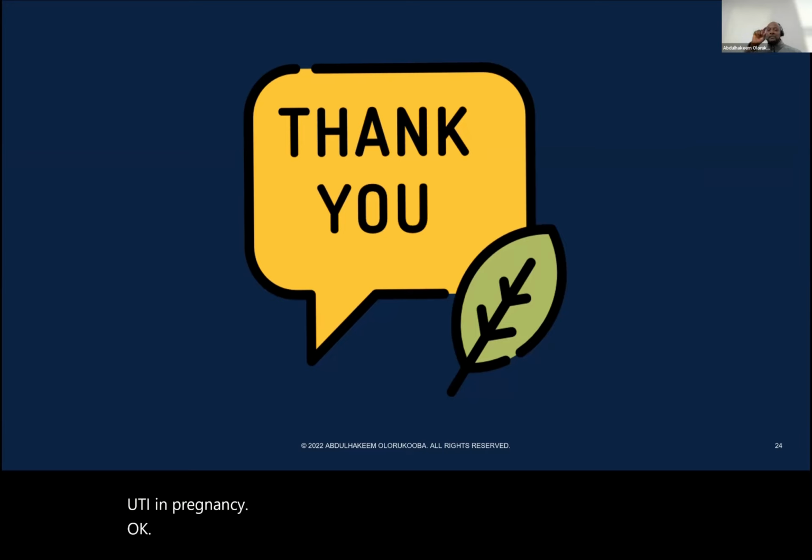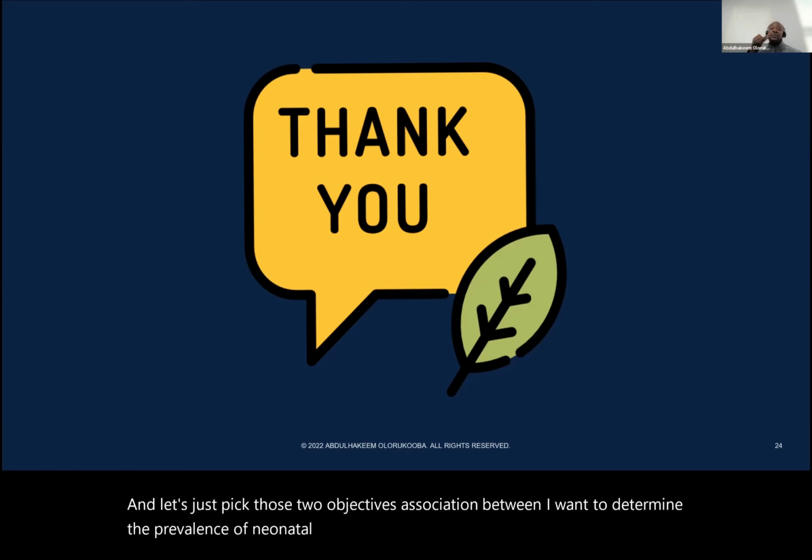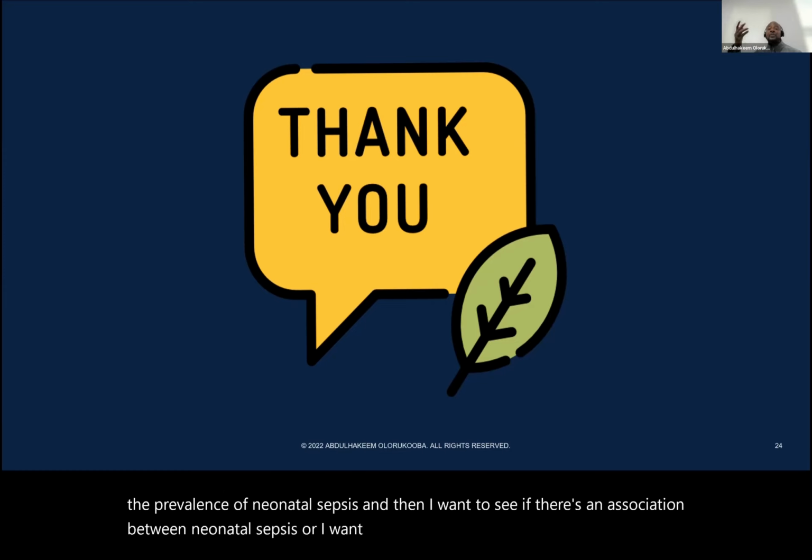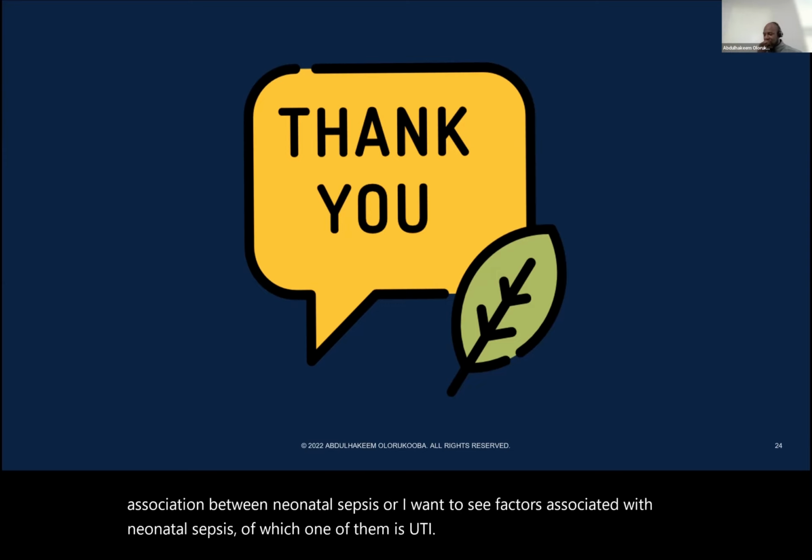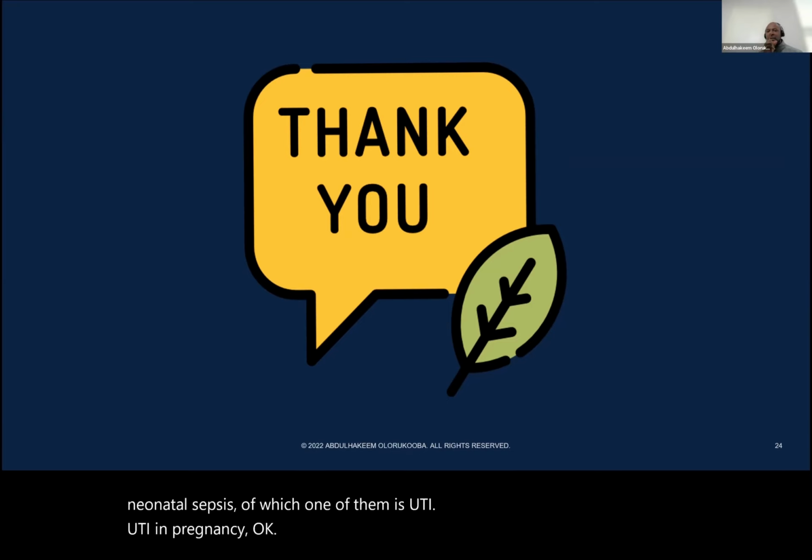Let's just peg those two objectives. I want to determine the prevalence of neonatal sepsis, and then I want to see factors associated with neonatal sepsis, of which one of them is UTI in pregnancy. So these are two things.